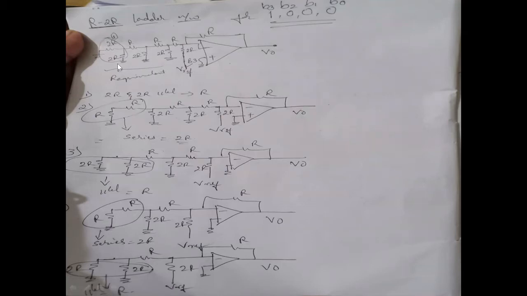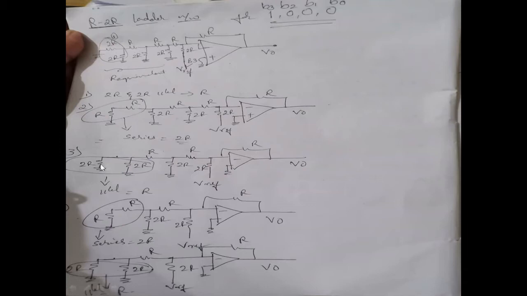When 2R and 2R are in parallel, you obtain the resistance R. Now this R is in series with this R. So R plus R is going to be 2R. So after simplifying these two, you obtain 2R.